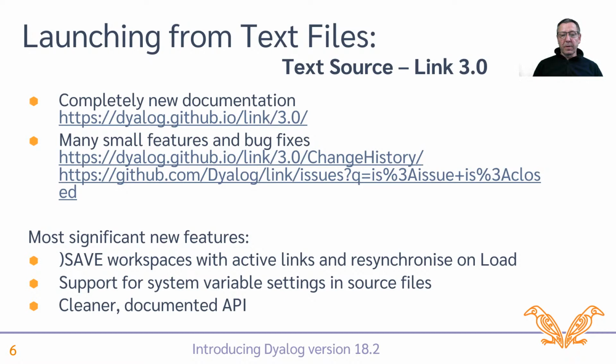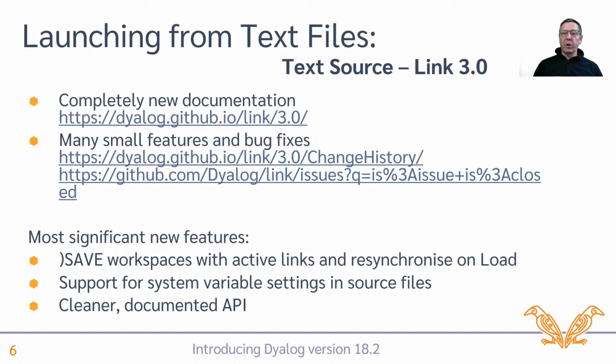There's completely new documentation that's been written. It has a very large number of small features and bug fixes, and some major features. Again, I'll be following up on this in a subsequent webinar. But one of the most important things is that where in earlier versions of Link you couldn't really save a workspace that had textual source that had been brought in and have a good experience, Link 3.0 really supports that now.